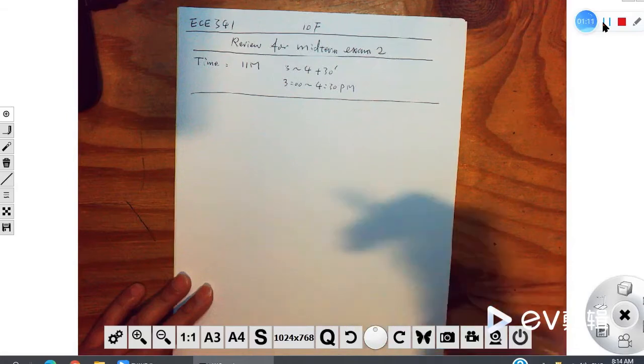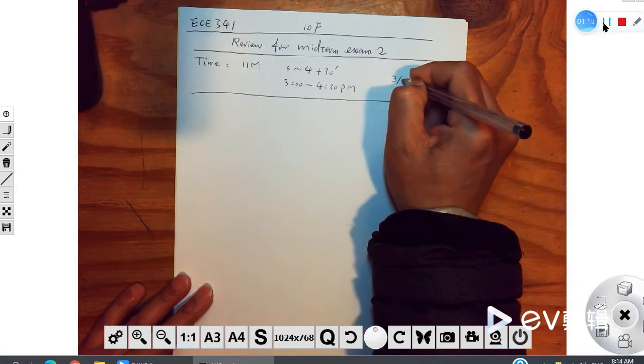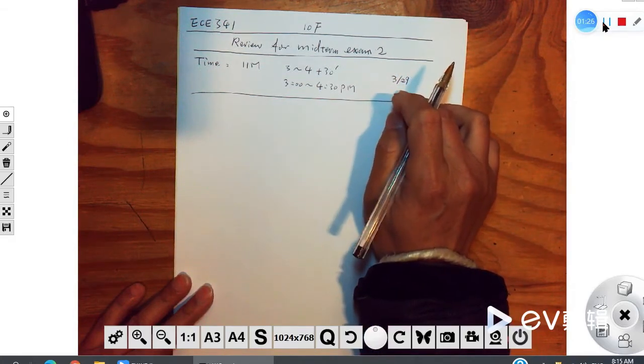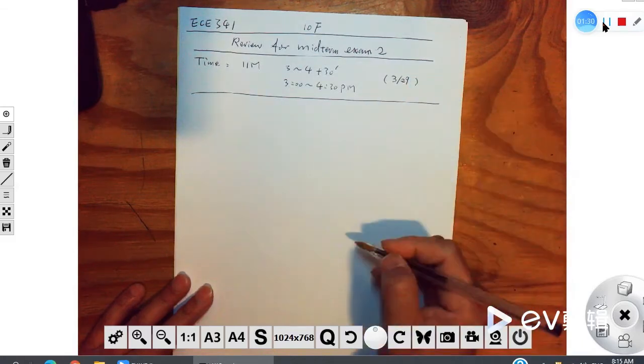Next week will be, I think, March 25, 27, 29. 22 is the Monday for the spring break. 22 plus 7, 29, yeah. March 29. Alright, this is the time.